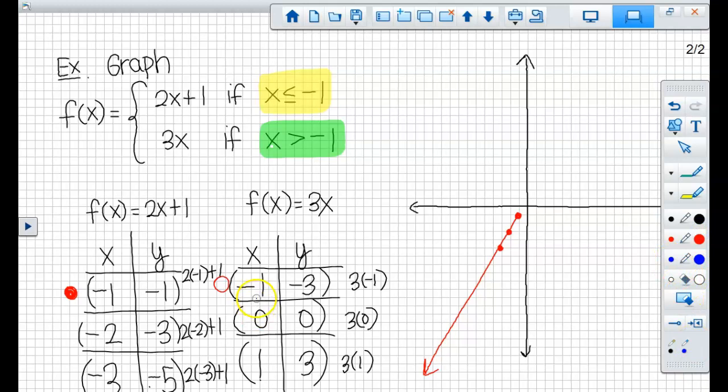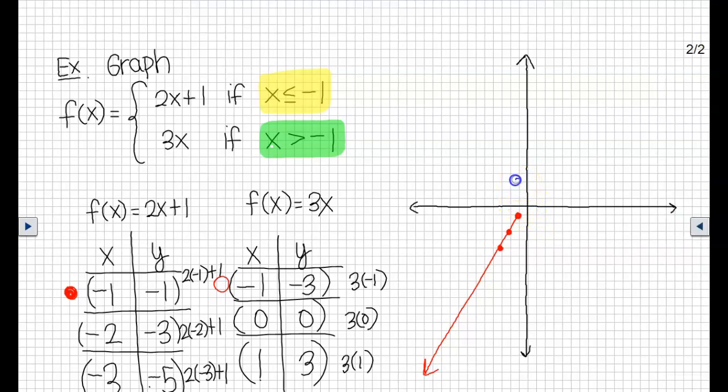And the first point I'm going to graph is -1, -3. So that would be -1 on x and then 1, 2, 3 on y. Now when you get there, I need you to draw an open circle. Not closed. Open because x could only be greater than -1. It couldn't be equal. All right?